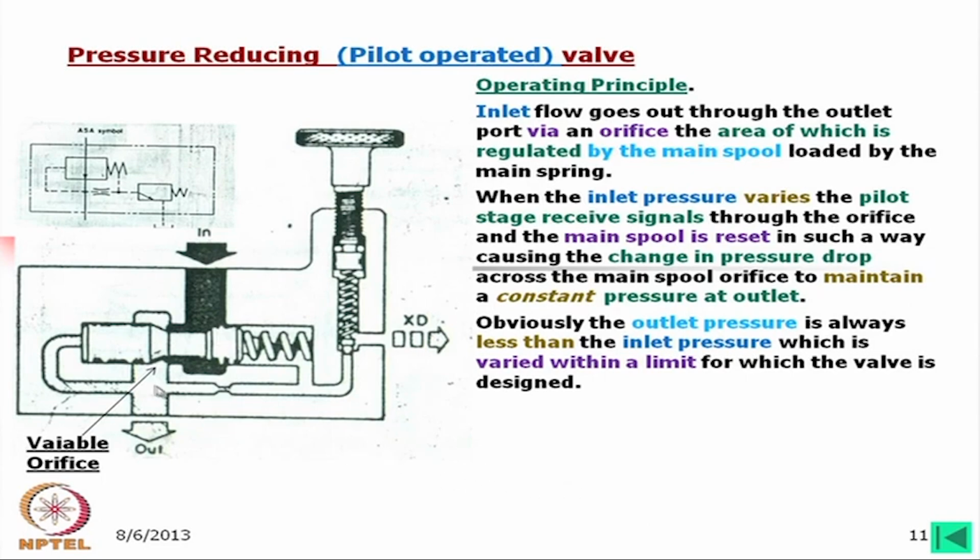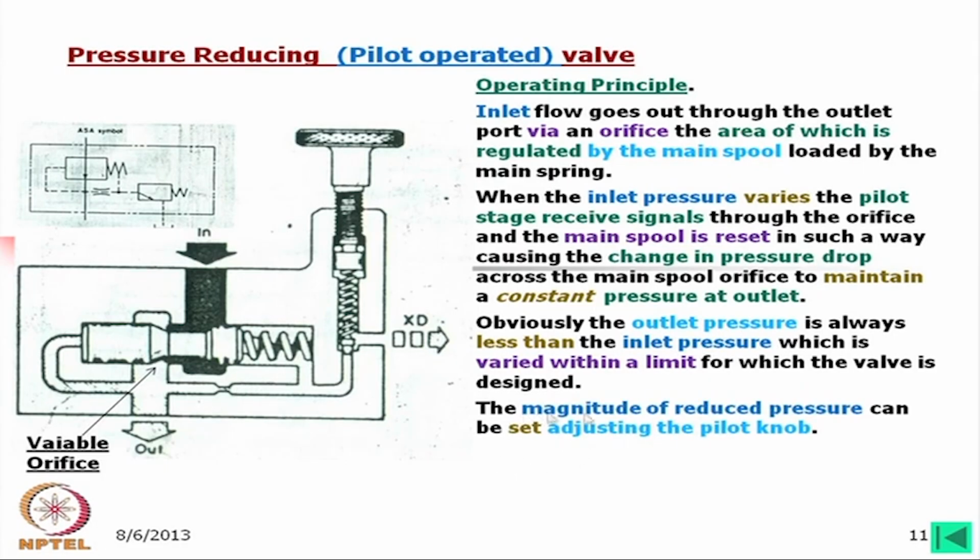You will find, suppose if you want to control a very small level, say 1 megapascal pressure, probably you have to go for a smaller valve. Now, the magnitude of reduced pressure can be set by adjusting the pilot knob. We can adjust this one.